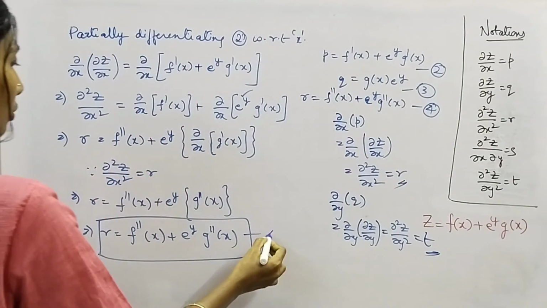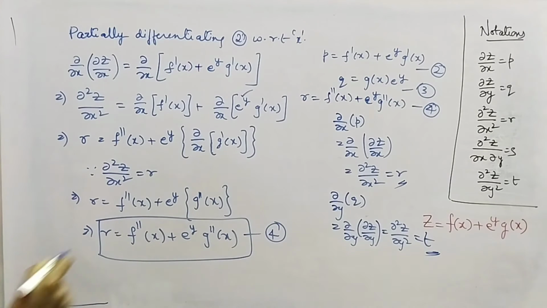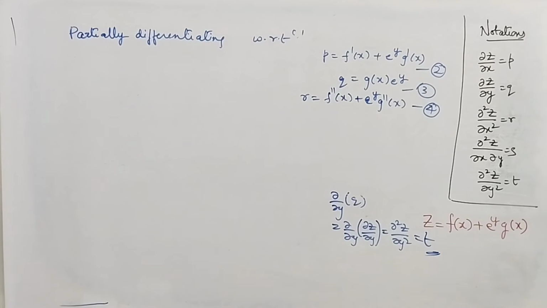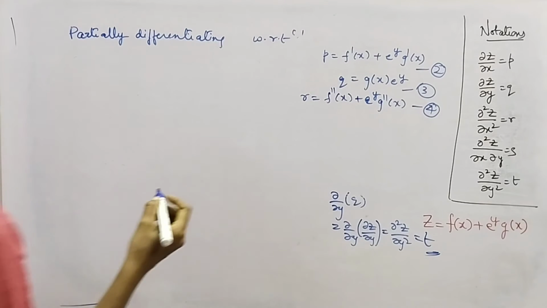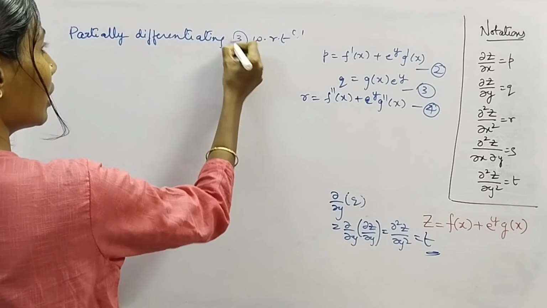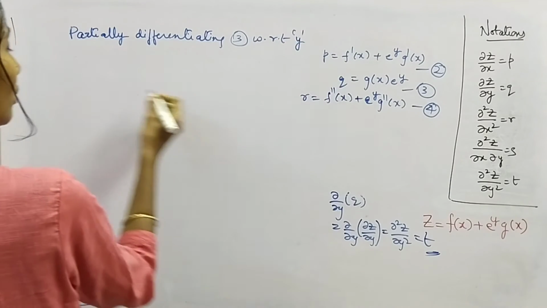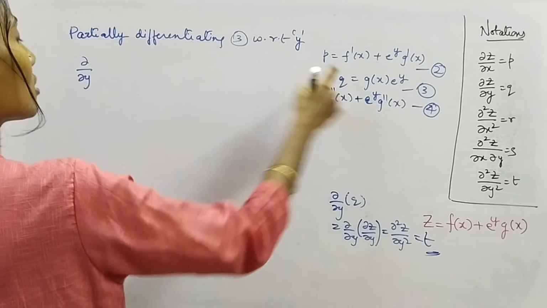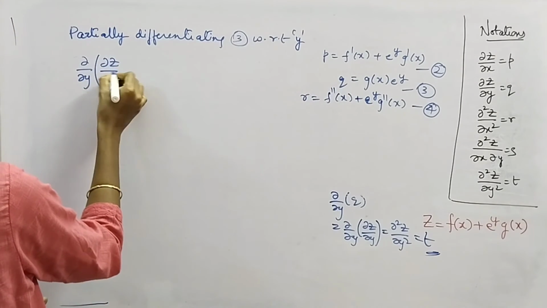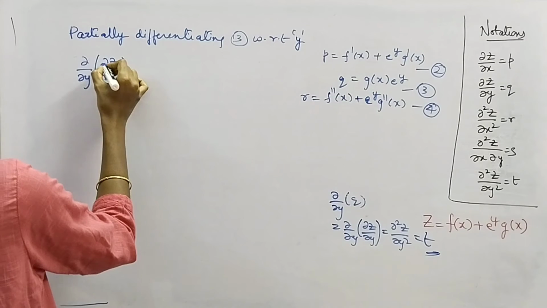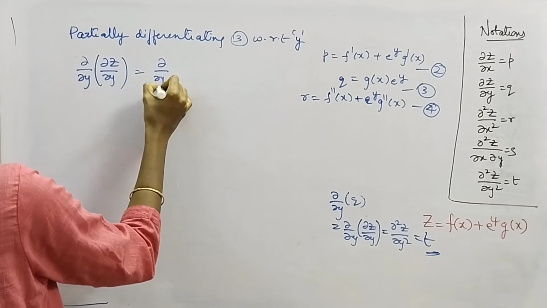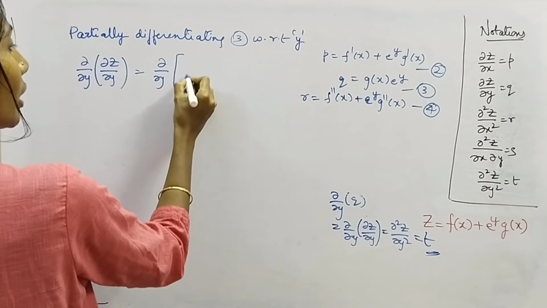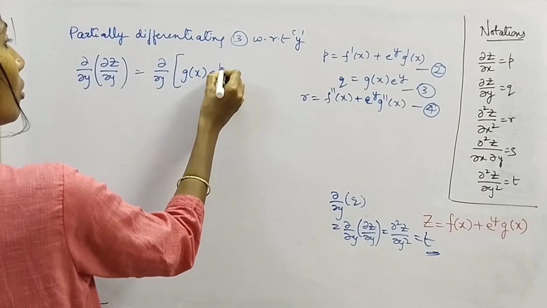Consider this as equation number 4 for our convenience. Now let's partially differentiate 3 with respect to y. Partially differentiating 3 with respect to y, that is dou by dou y of q, I'll write this q as dou z by dou y, equal to dou by dou y of the RHS part of 3, g of x into e power y.